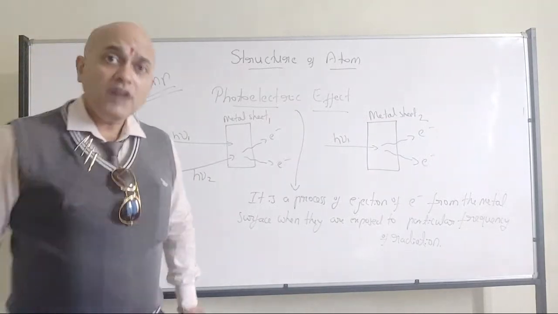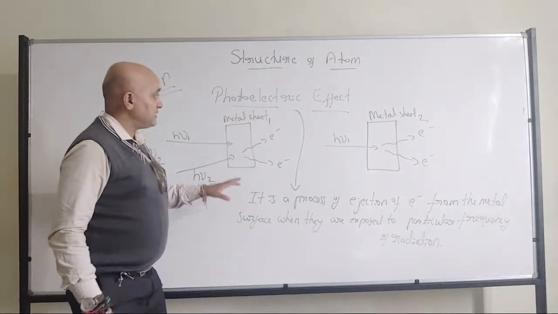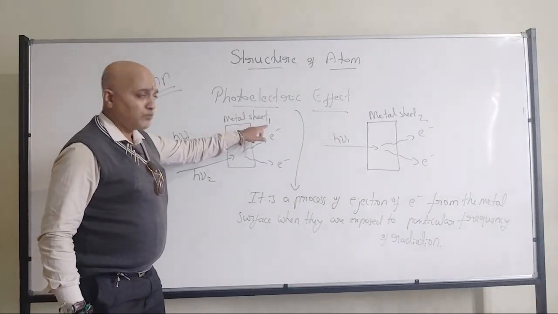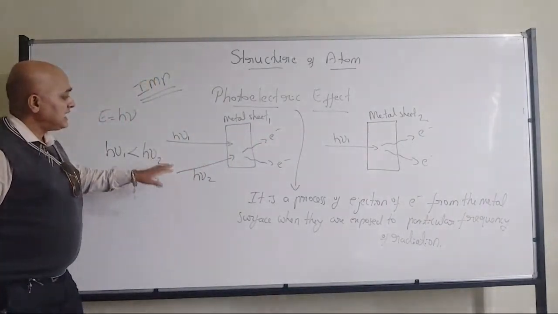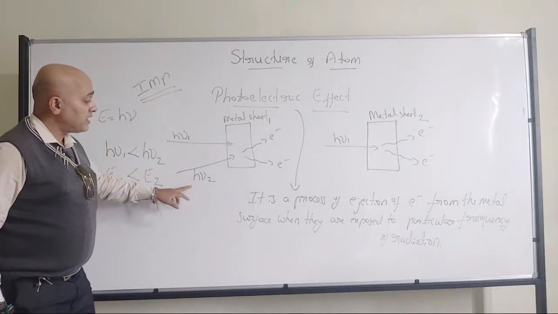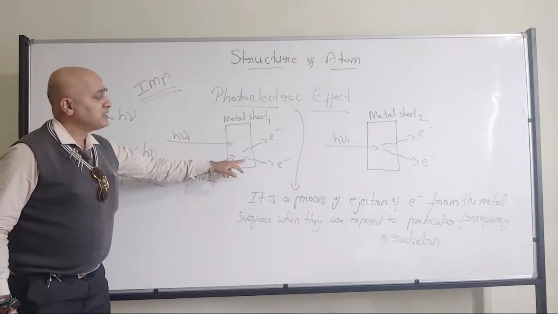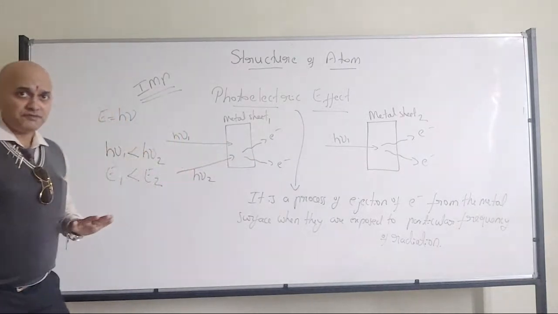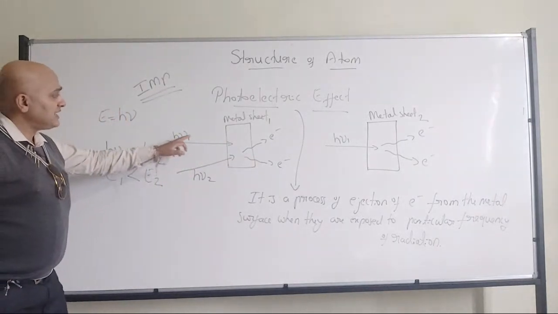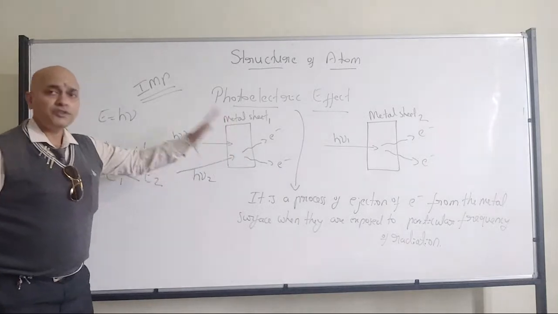Okay? So now I will explain. In this case, metal sheet 1 demands H nu 2, this frequency of radiation, then only it will show the photoelectric effect. But when H nu 1 is exposed, it will not show the photoelectric effect.